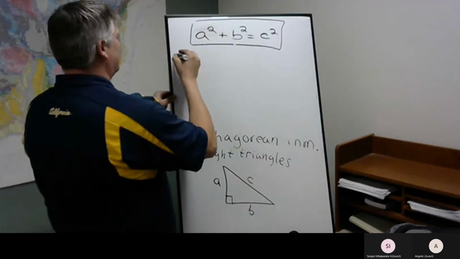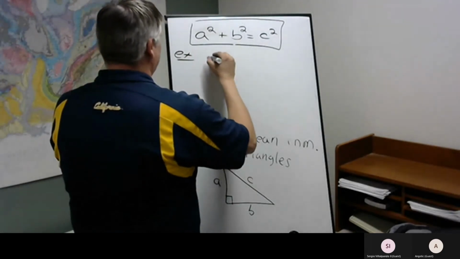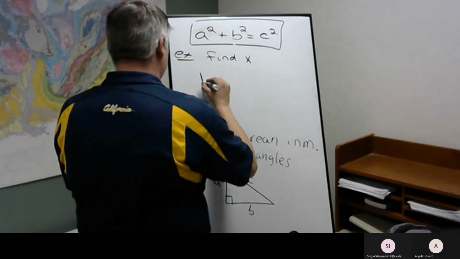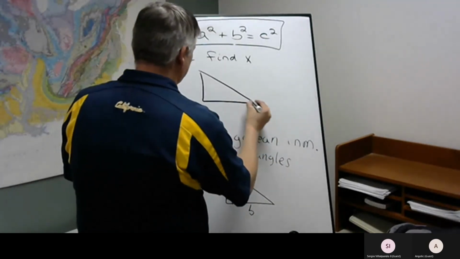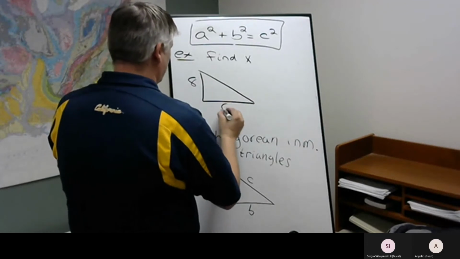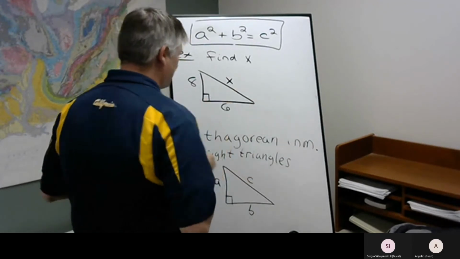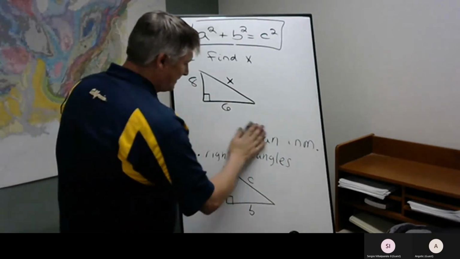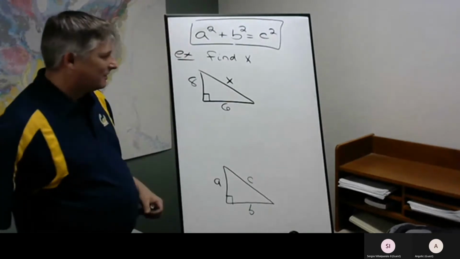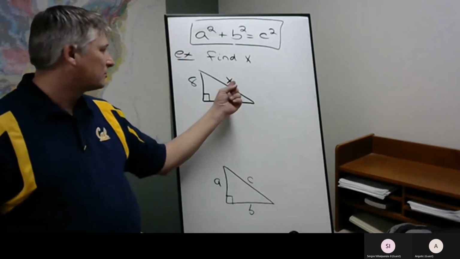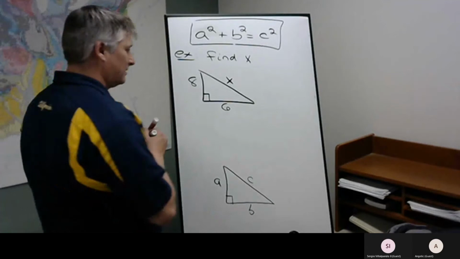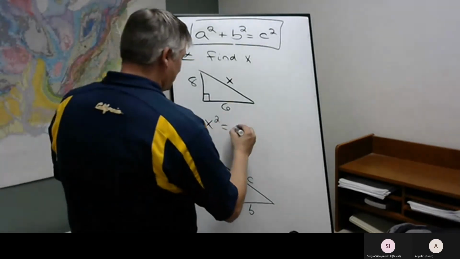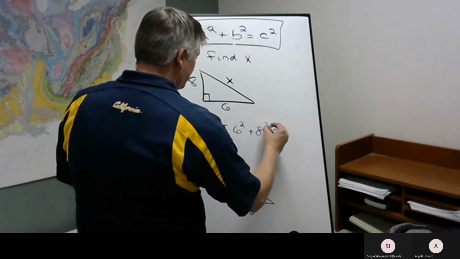So for example, let's say we're supposed to find x. Well, x, since it's across from this angle, we're going to square it, and it's equal to this side squared plus the other side squared.